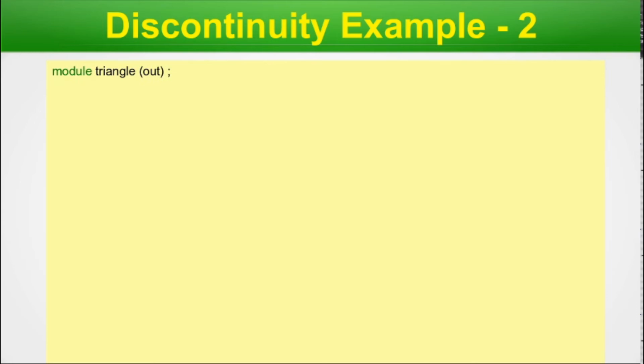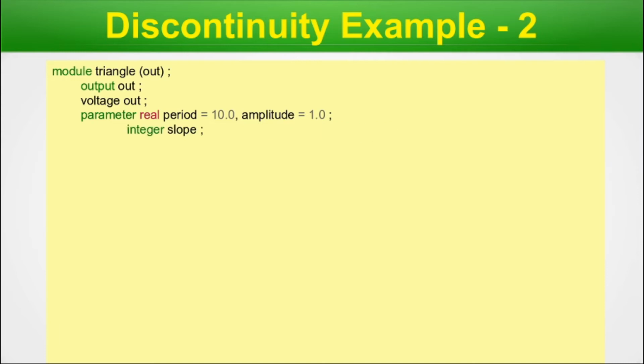Here we define the module and define the output, and it is a voltage type. Then we define the parameters of real type, period and amplitude, and then we define the integer slope and real offset. Then we start our analog block.